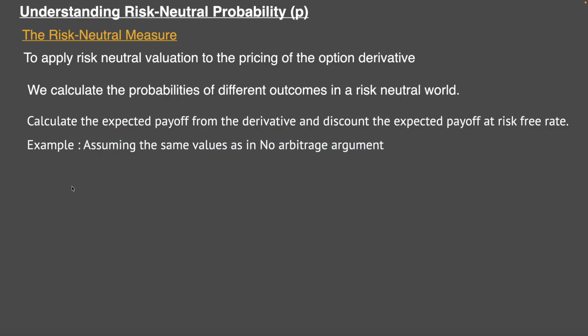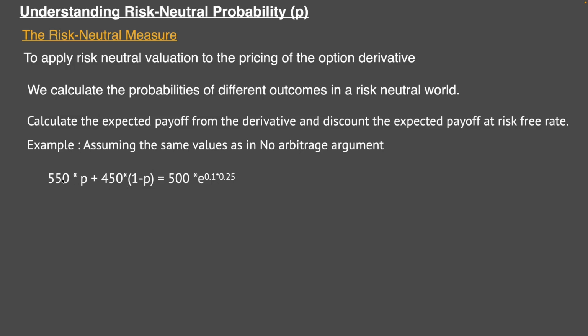So let us use an example. We used an earlier example in our previous discussion. The price of an underlying purchased at rupees 500, that is S0 was 500, and U was 1.1 and D was 0.9.